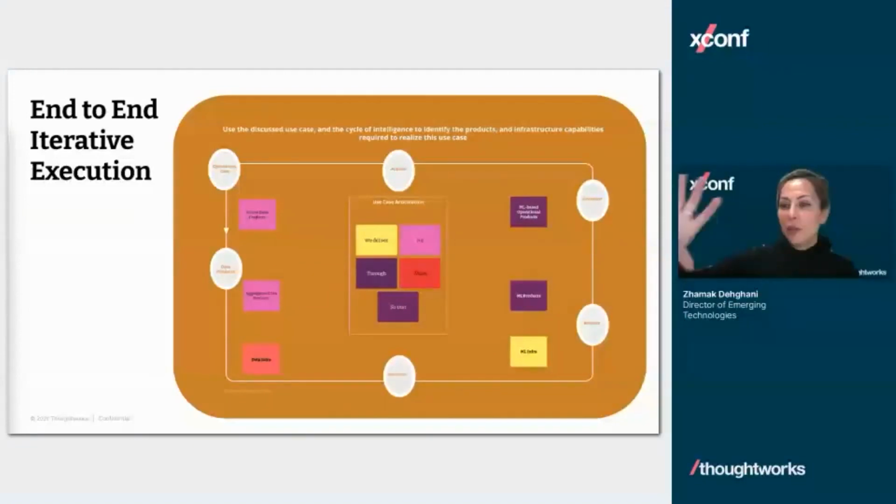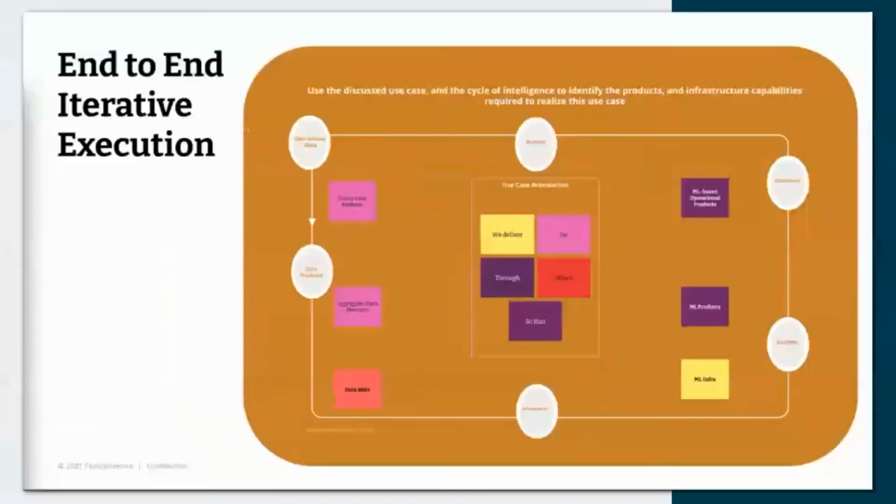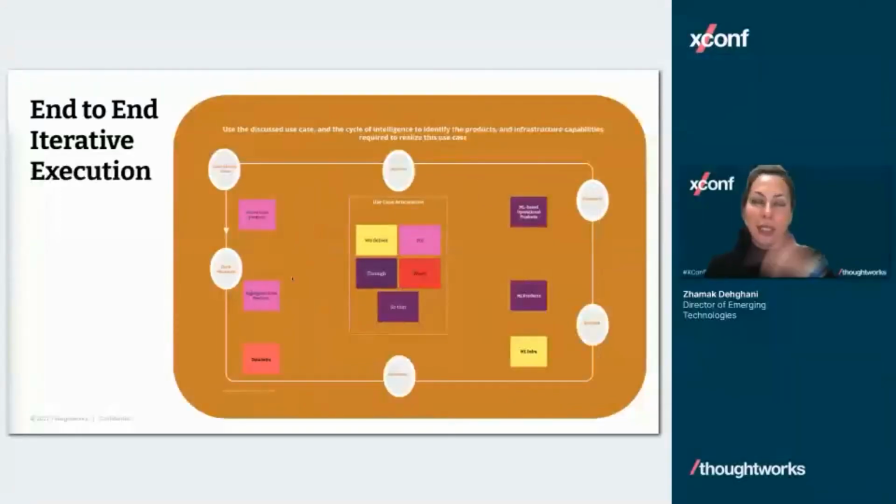Work backwards, what sort of infrastructure do I need in place? What sort of data products do I need to create? What domains do I need to bring these data products to life? What source applications need to be extended to satisfy these data products? And rinse and repeat. Repeat this many times so you build this end-to-end solution.